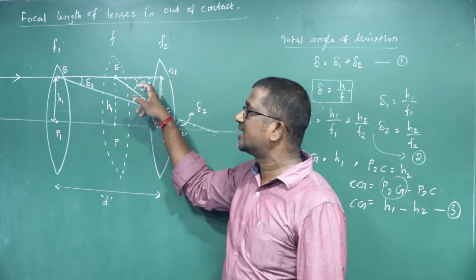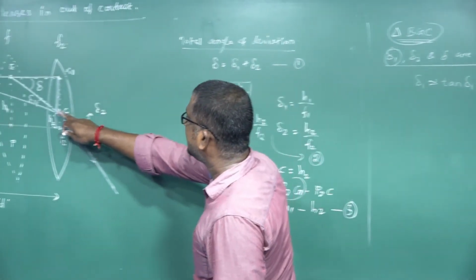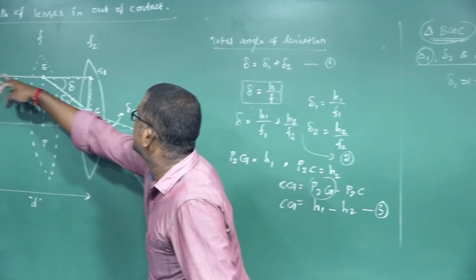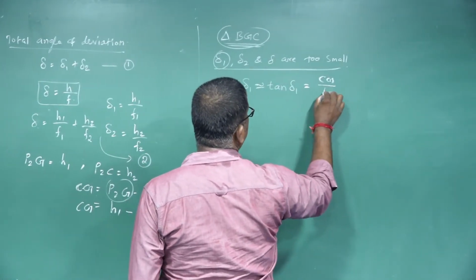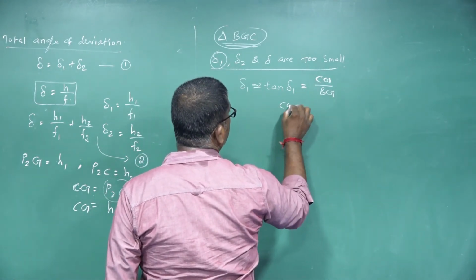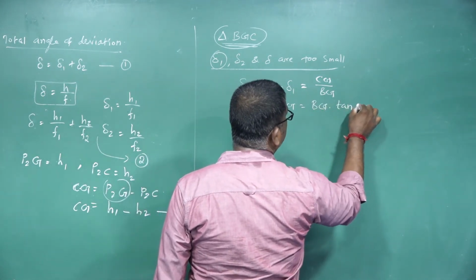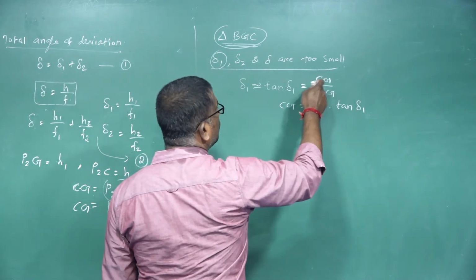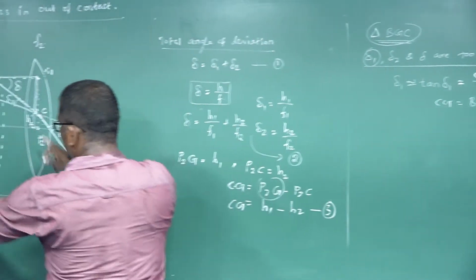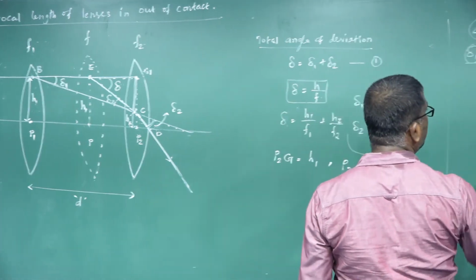So tan del 1 is equal to the opposite side CG divided by the adjacent side BG. Therefore CG is equal to BG into tan del 1. Here BG is equal to D, the separation between the two thin lenses.